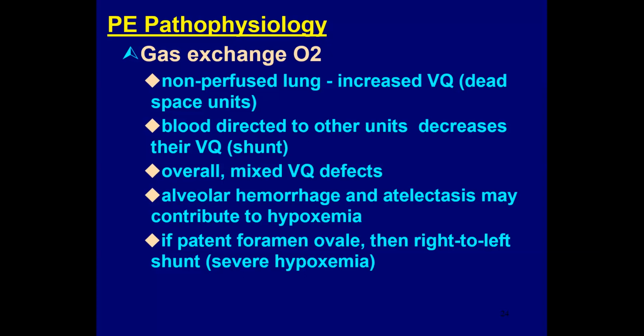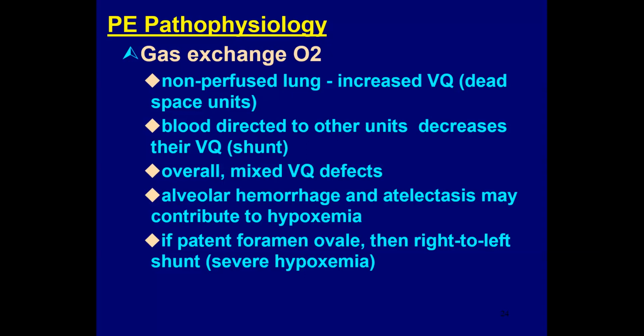So blood is directed to other units away from the embolized portion, and this decreases their VQ ratio, leading to a physiologic shunt from those units. So this leads to overall mixed ventilation perfusion defects. We have dead space units and we have shunting units.